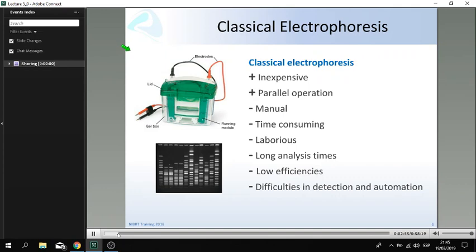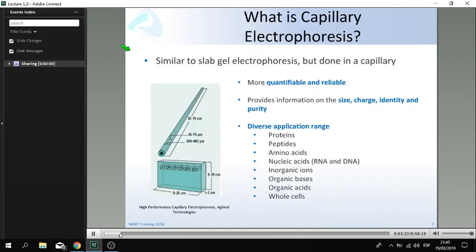Efficiency is really low, and it's really difficult to detect what you have on a gel. Whatever you have on a gel, you have to stain, and staining the dye is not really a quantitative method, only semi-quantitative for your samples. And you can't really automate much because you need a lot of input from an operator when using this technique.